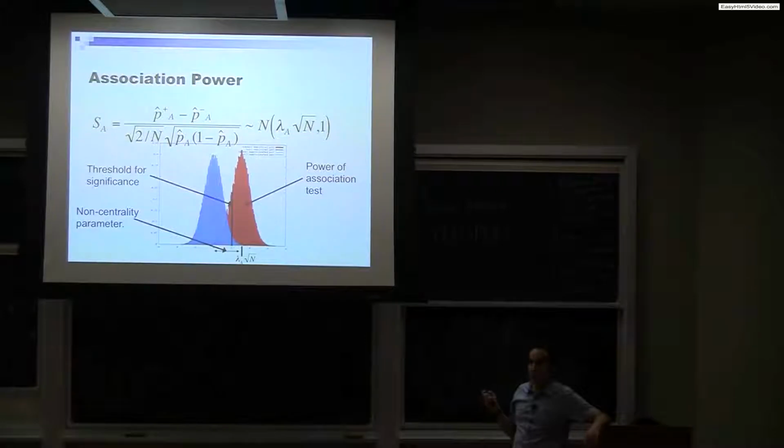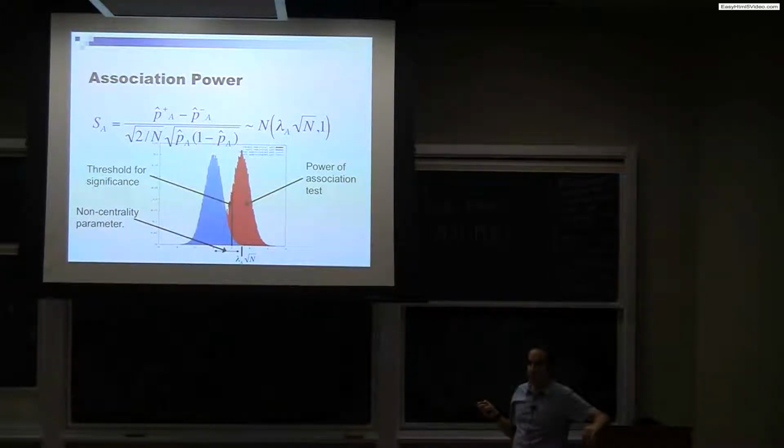Okay, so any more questions on this? This is really key. Who's confused? Okay, so just so confused you don't even know how to ask a question? That's fine. Let's go over this one more time because this is a really key thing. Blue curve, null distribution.